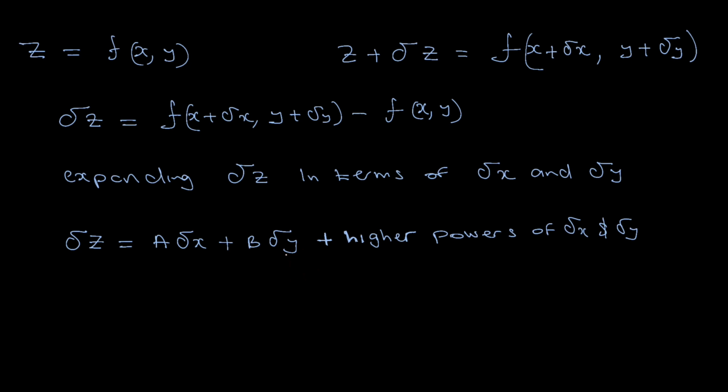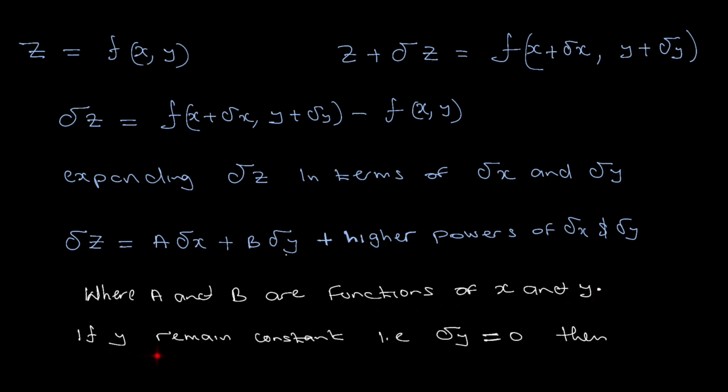What that meant is we're collecting all the delta x terms and all the delta y terms, where a and b are functions of x and y. And if y remains constant, delta y will be 0 because it doesn't change.